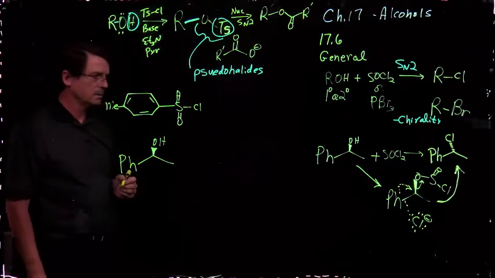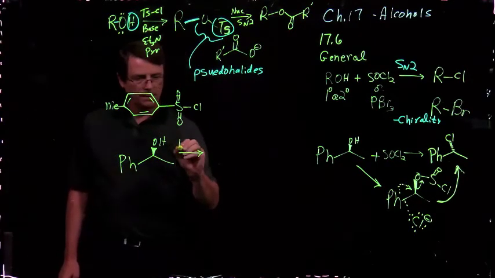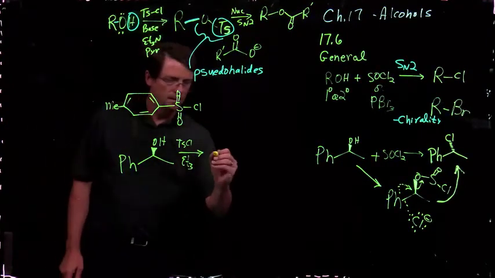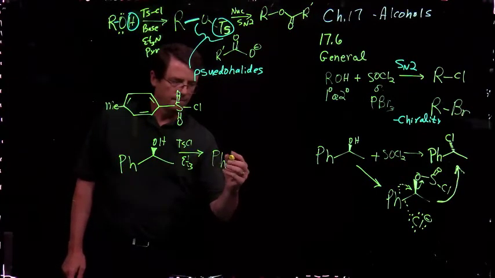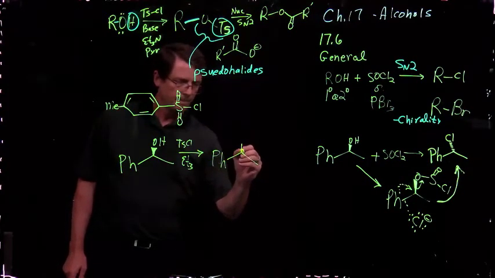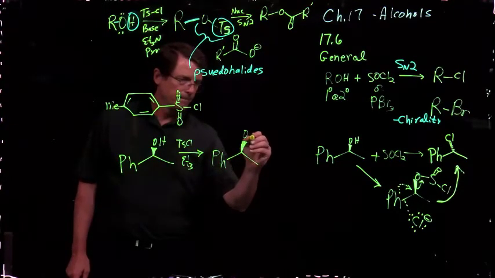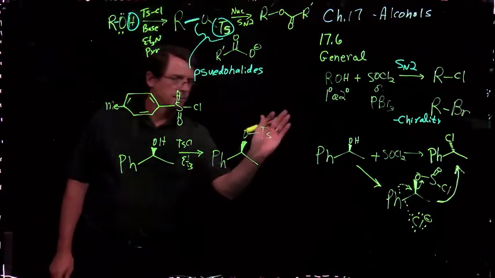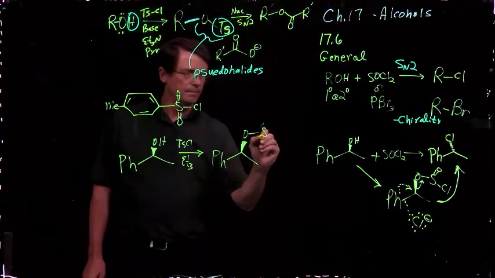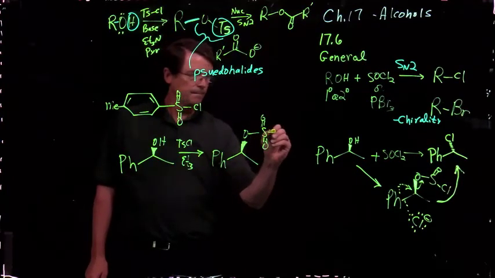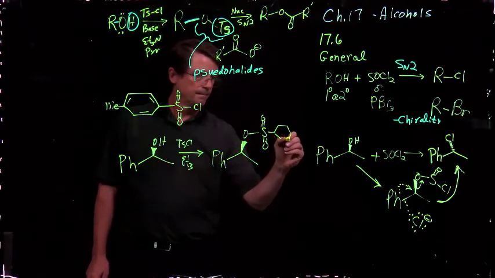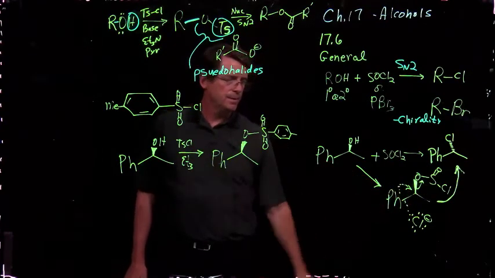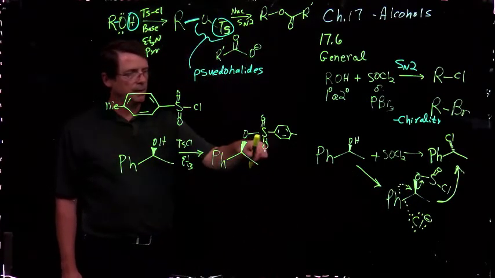So we can take a chiral alcohol again, we react it with tosyl chloride and triethylamine. Now, let me draw this out. I want you to see the similarity to the intermediate that we produced with thionyl chloride and with tosyl chloride.